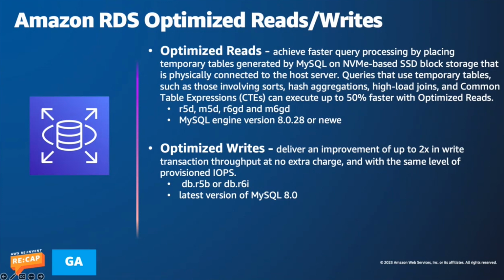This functionality achieves faster query processing, for example, for optimized reads by placing those temporary tables generated by MySQL on top of NVMe-based SSD block storage. That's why we are able to achieve these impressive figures and enhancements when it comes to the overall performance.